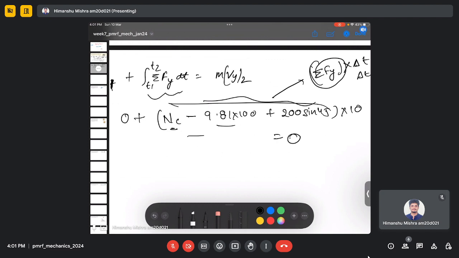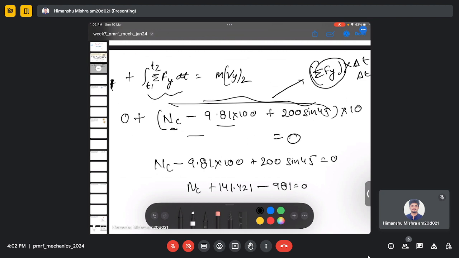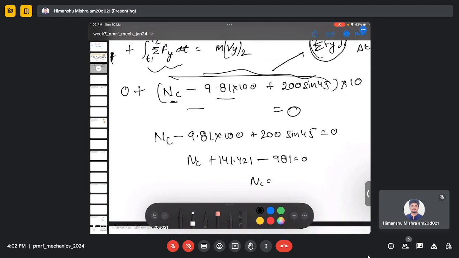So this equation just becomes the force balance equation. So you will get the normal reaction as 840 Newton.